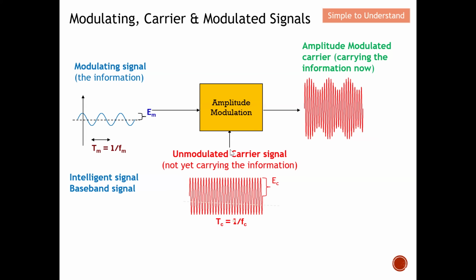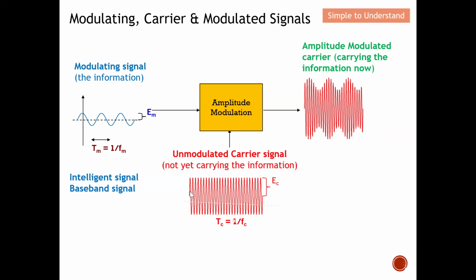Another component at the input of the amplitude modulation is the carrier. Typically we call this the unmodulated carrier signal because it has not carried any information, as you can see from this time domain. Typically the carrier has a higher frequency compared to the modulating signal. This is the motivation why we need to do modulation.